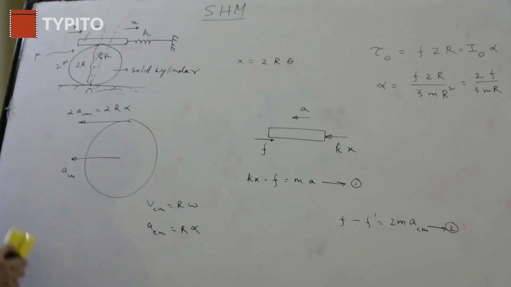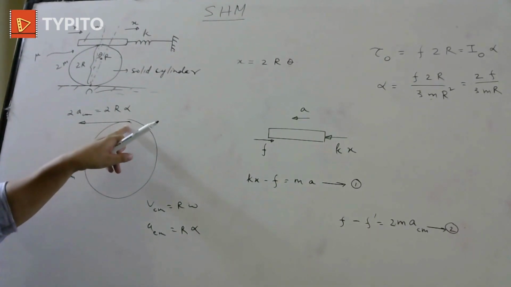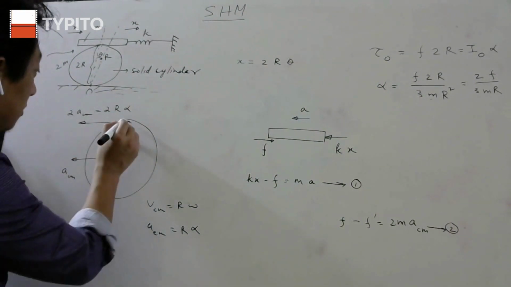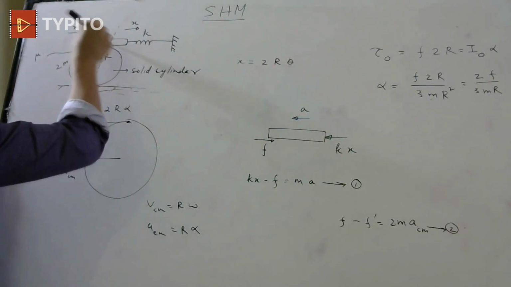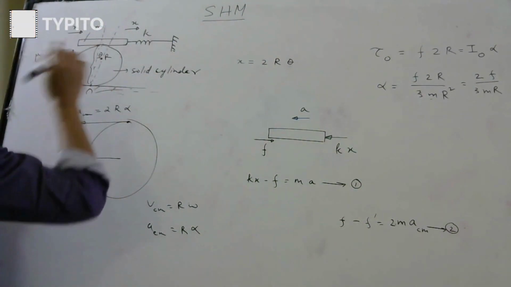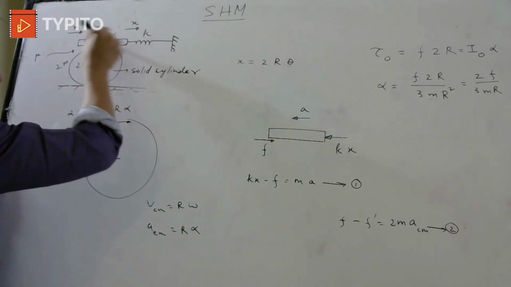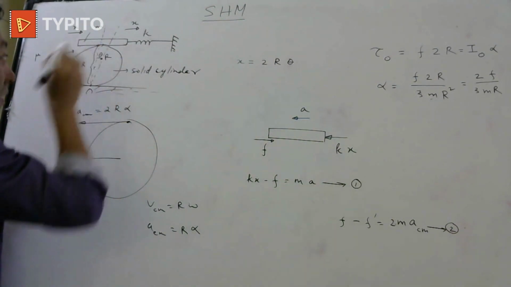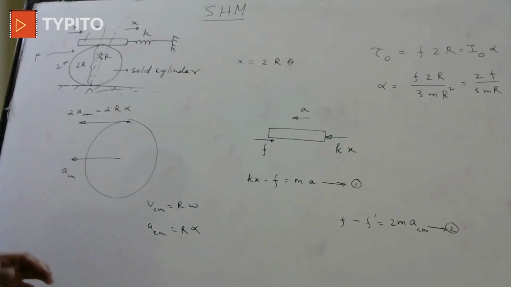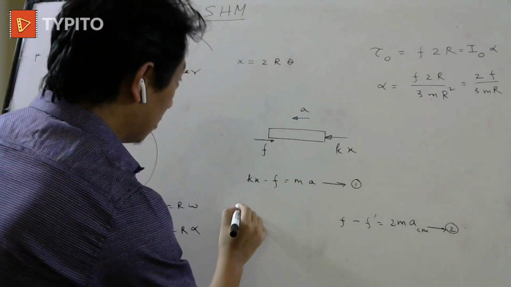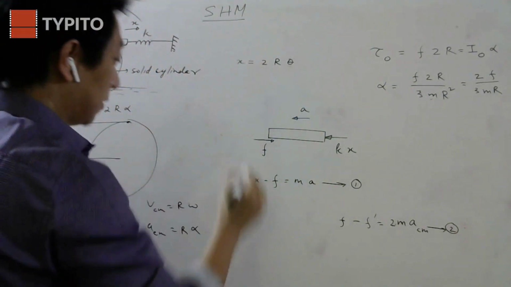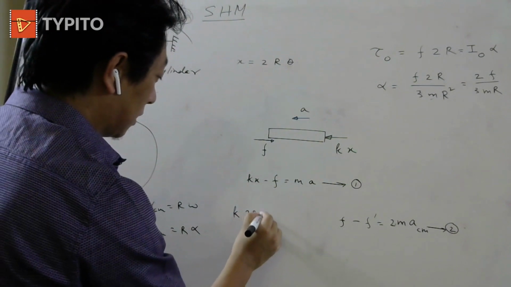So acceleration of this point is 2R alpha, but that acceleration of this point should be same as acceleration of the plank, because no slipping is anywhere, neither here nor here. So acceleration of any point of the plank and this point of the cylinder must be same at each instant. So in place of this A, let us substitute for x also. What will be x? X will be 2r theta.